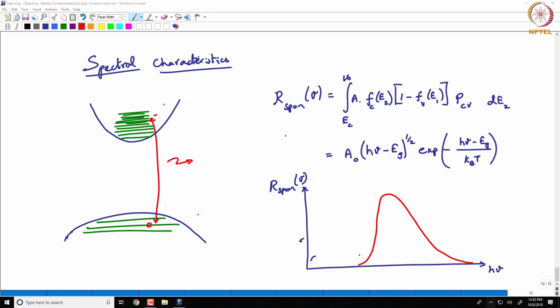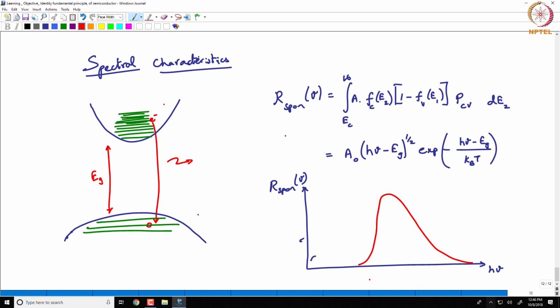You cannot have any emission lesser than the band gap energy, because you do not have any electrons and holes within that energy. So this is your band gap energy, and you are going to have emission for h nu greater than Eg, right.